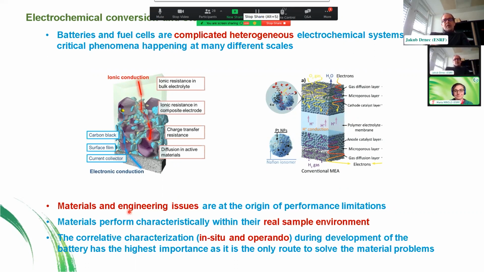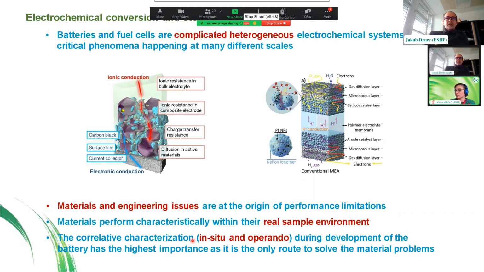And one of the issues is also that they need to actually work in a certain environment, right? Otherwise, they simply don't work. And if you take them out of the environment, they typically work differently. So the characterization of these materials in a real sample environment is really key to understanding such a complicated device.